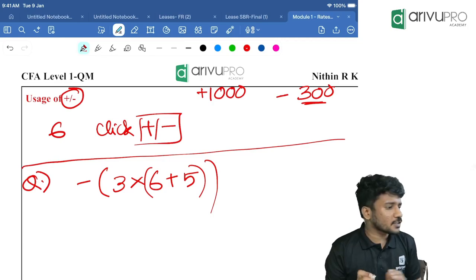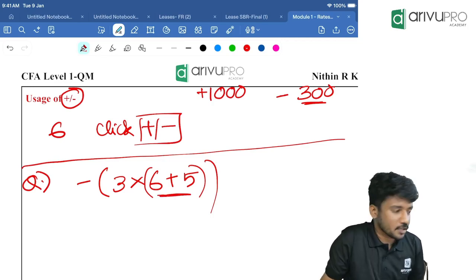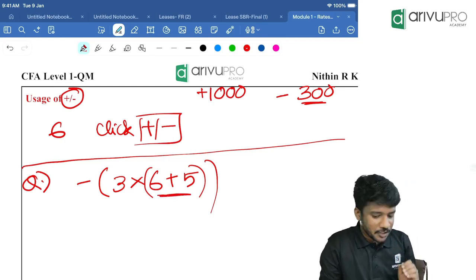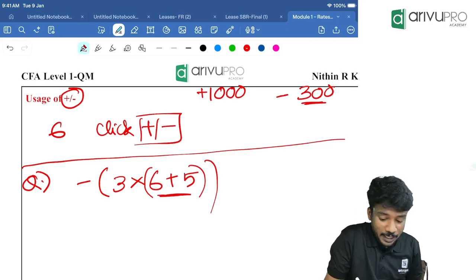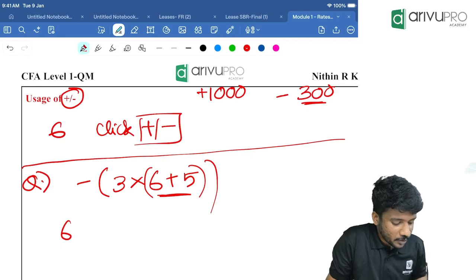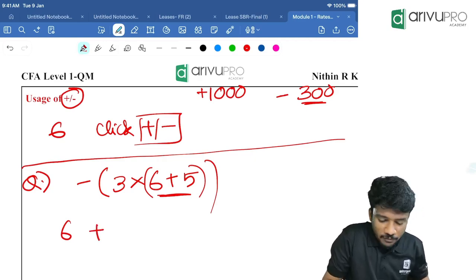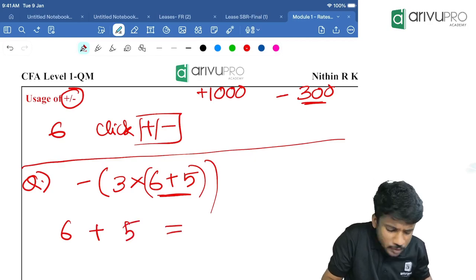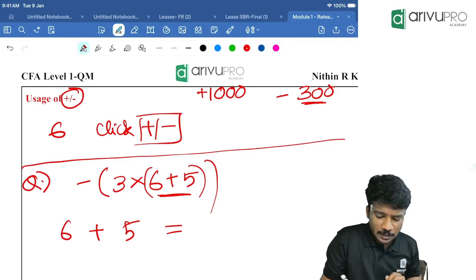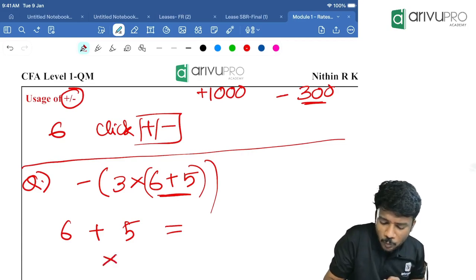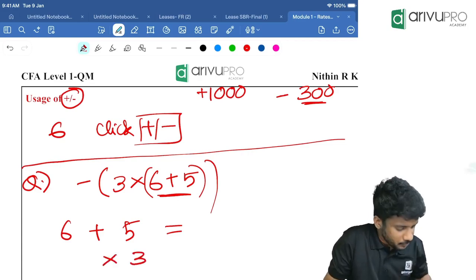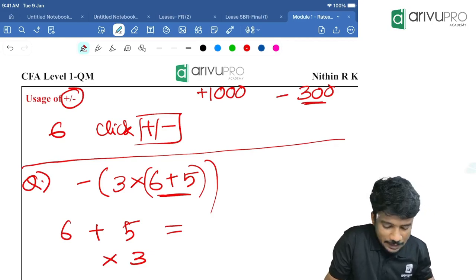So how to find this on the calculator? First, always do addition, since it is inside the bracket. So you will type 6 on your calculator, then click plus, then 5. Then you will click equal to. That means you got how much? 11. Then you should multiply it with what? 3. Click the multiplication sign, then click 3, then click equal to.